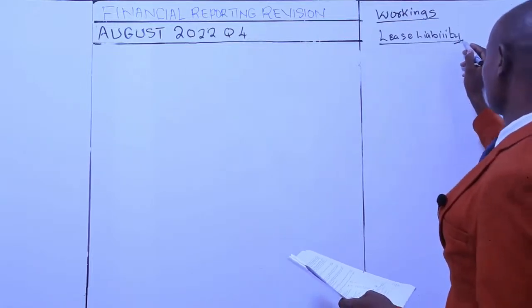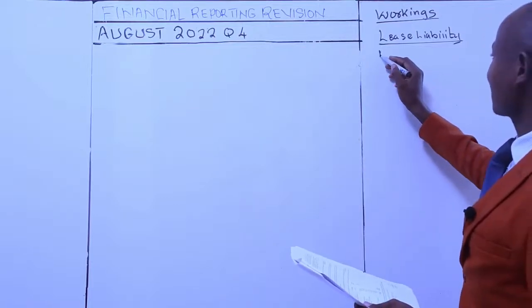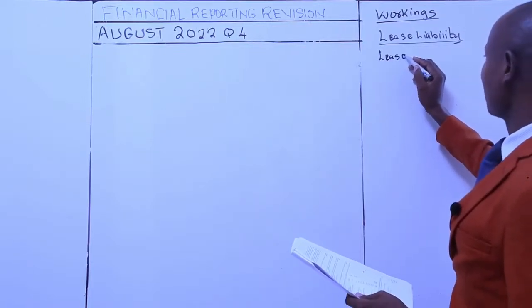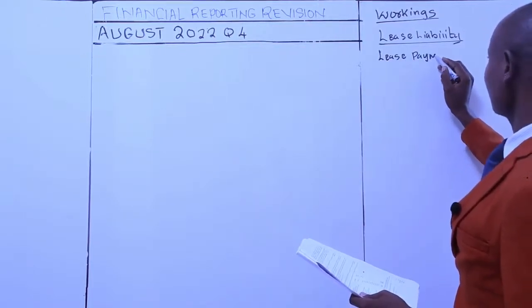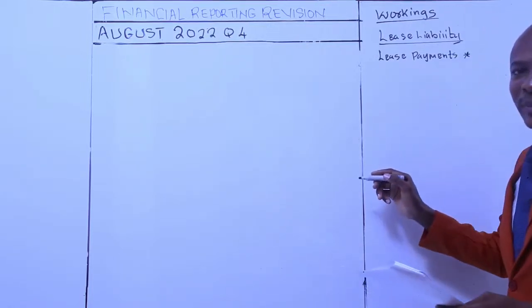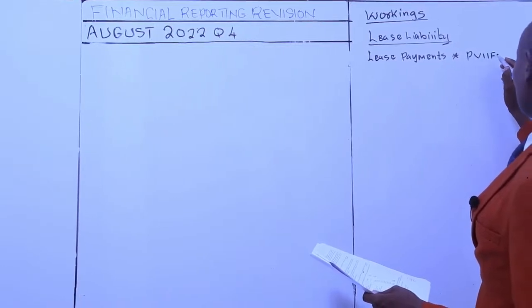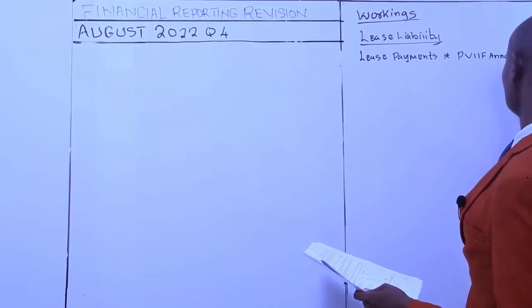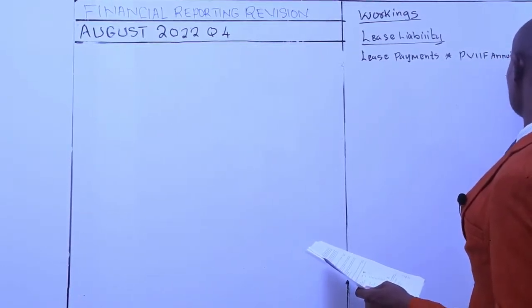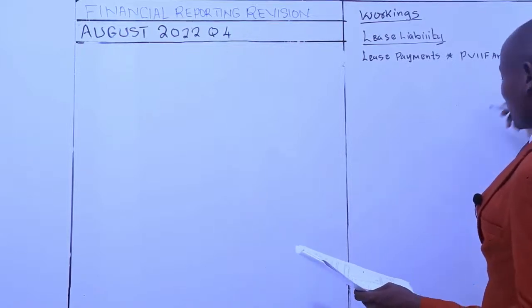Lease liability here will be the annual lease payments times the present value interest factor of annuity, r percent, n periods.